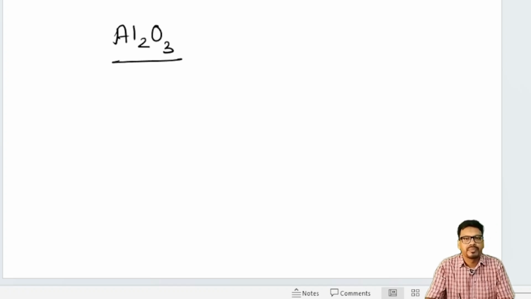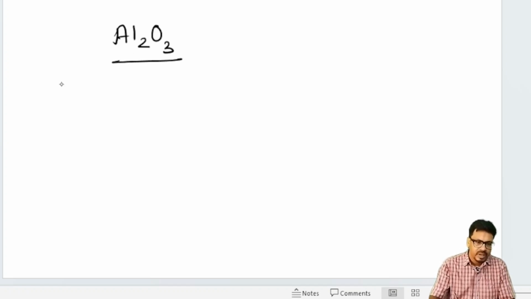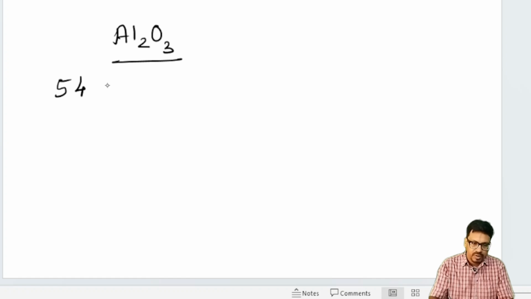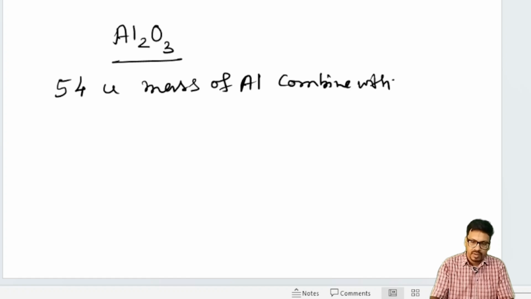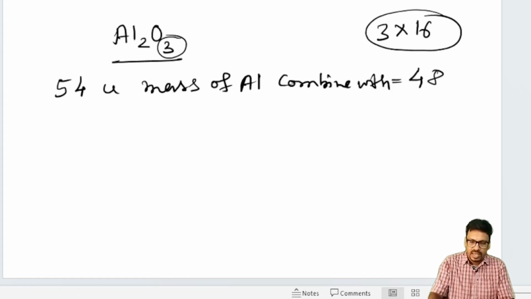Okay, here we know the atomic mass of the aluminium, that is 27. That means here 2 aluminium is there, so 54 U mass of aluminium combines with the mass of oxygen, which is 16, so 3 into 16, that means 48 U of oxygen.